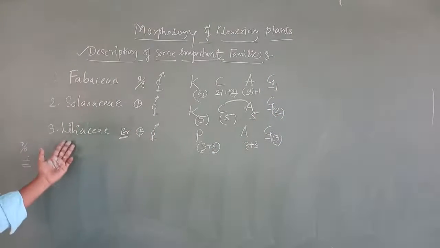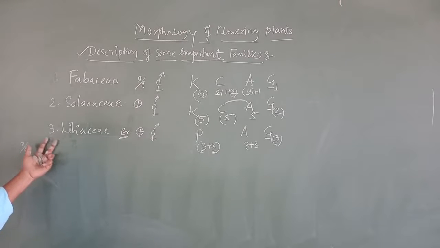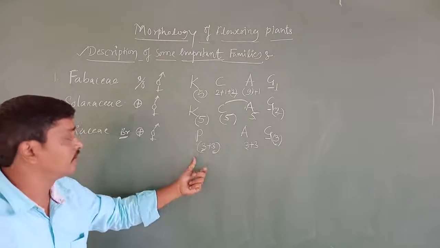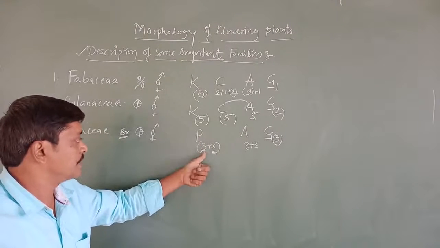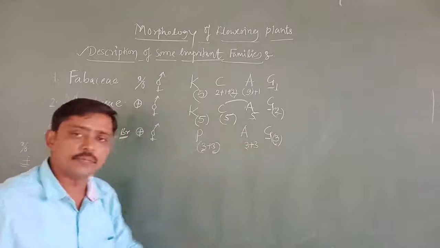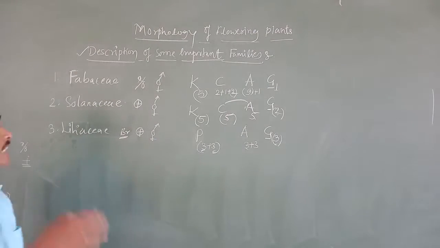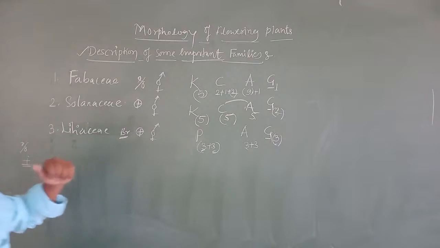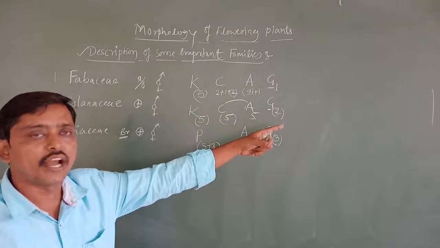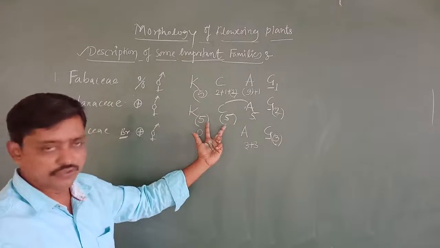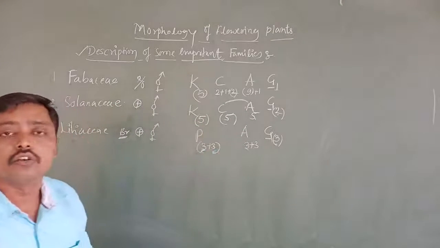And in Liliaceae, the third family, all the parts you are going to get are 3 in 3, in the sense perianth 3 plus 3, androecium 3 plus 3, and with this I wrote the bracket. Next, for Solanaceae you remember 5, 5, 5, in the sense 5, 5, 5 fused, so I drew the bracket for it.